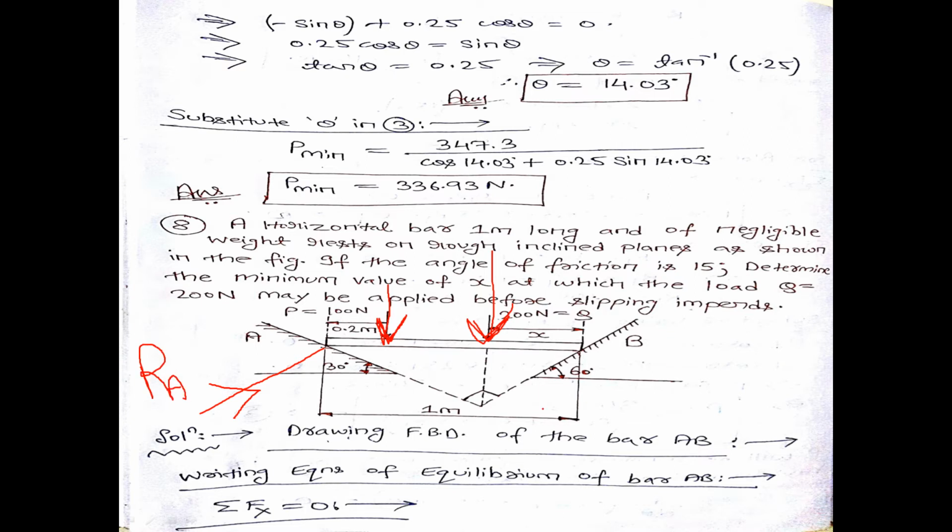Similarly, the 60-degree inclined plane will give a reaction to this horizontal bar at point B in this direction, that is RB. So this is the final FBD of this particular problem. Is it clear so far?